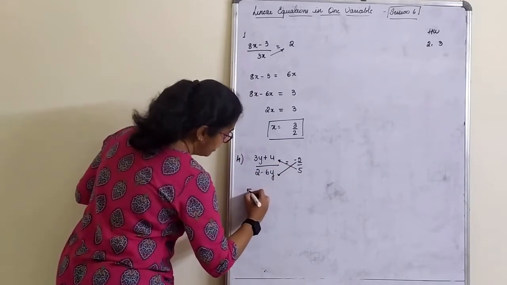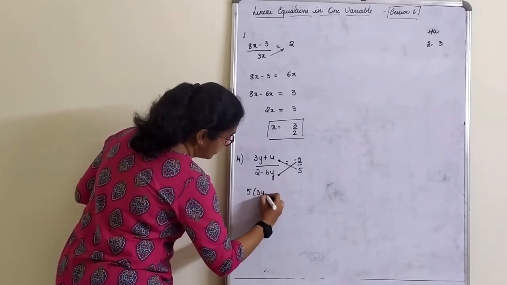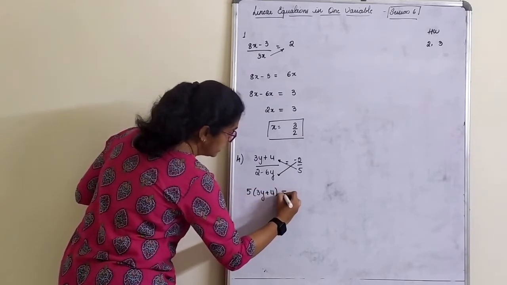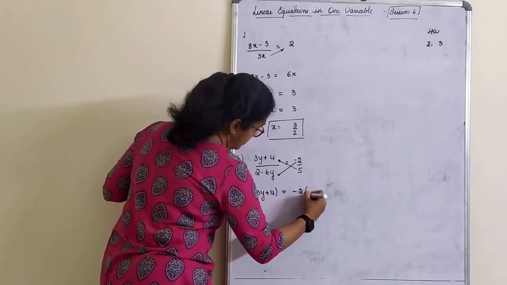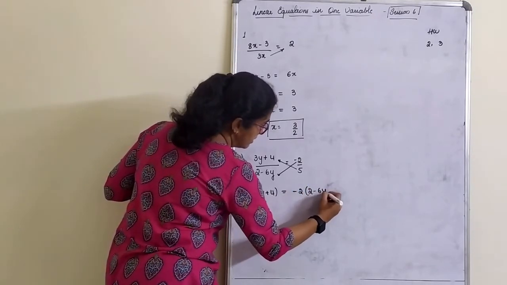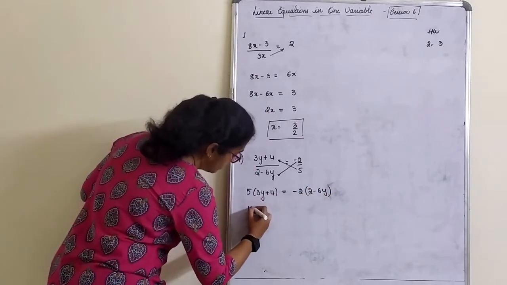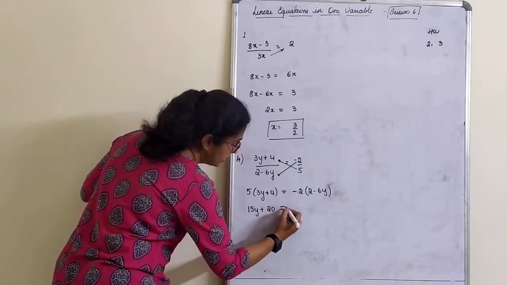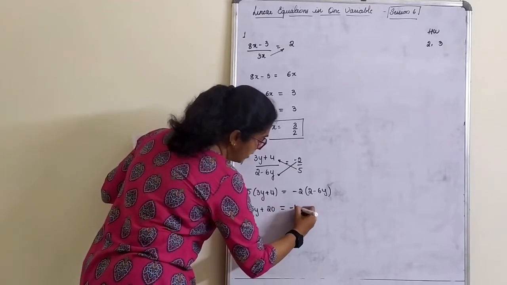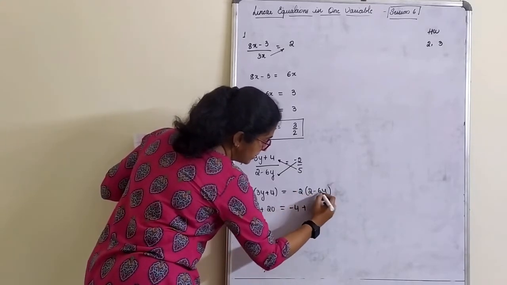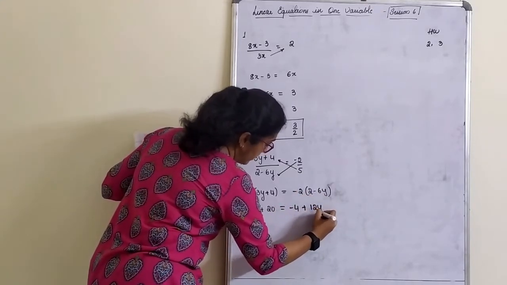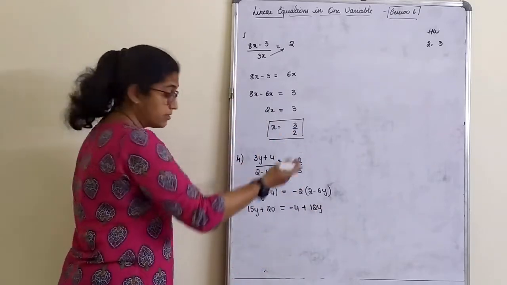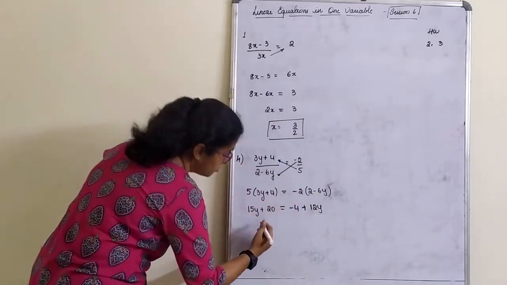So this is 5 of (3y plus 4) is equal to minus 2 of (2 minus 6y). 5 3s are 15y plus 5 4s are 20 is equal to minus 2 2s are minus 4, minus minus plus 6 2s are 12y. Transpose y term and constant to each side.